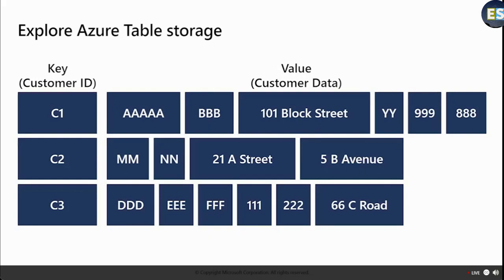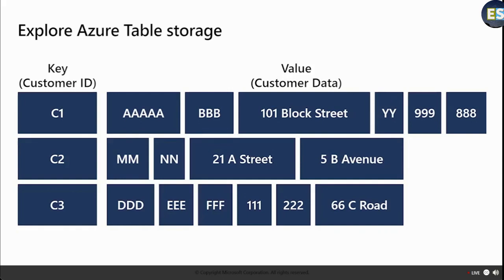However, in an Azure Table Storage table, this isn't the case. So we're able to get much faster access to the details of a customer because all the data for that customer is available in a single row. So you don't have to perform any complex joins across tables and figure out relationships between tables.